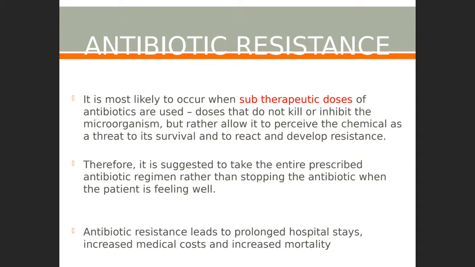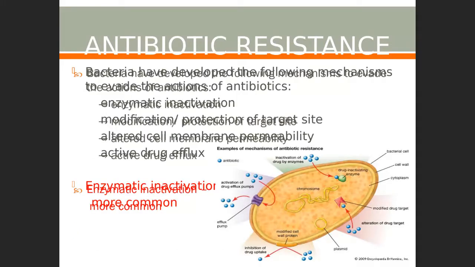Now, how is the bacteria doing all this? How is it able to become resistant to the drug? The bacteria itself is developing certain mechanisms by which it is able to inhibit the antibiotic. It is able to fight against the drug. So, what are those mechanisms?